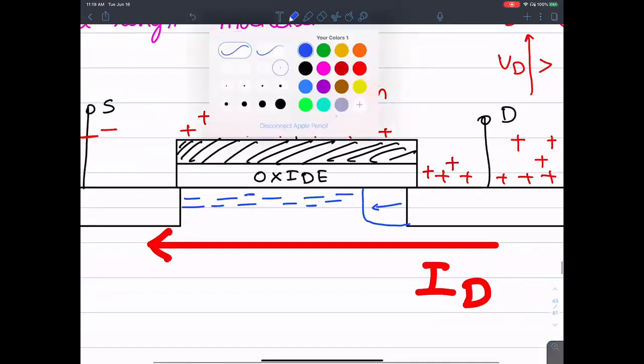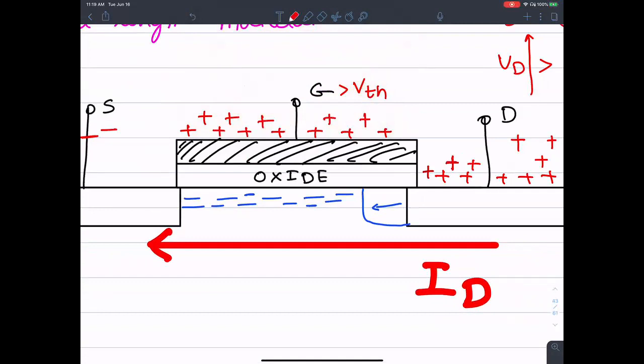Because I have a large positive voltage here, the channel now is going to appear not like a straight line, but a tapered shape. The channel is still full of electrons, there is enough number of electrons there, very good.